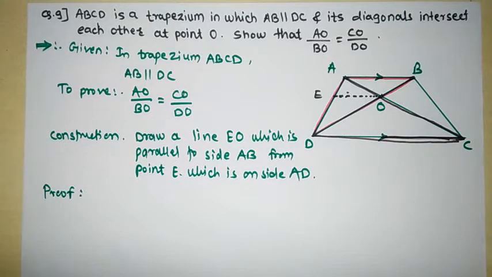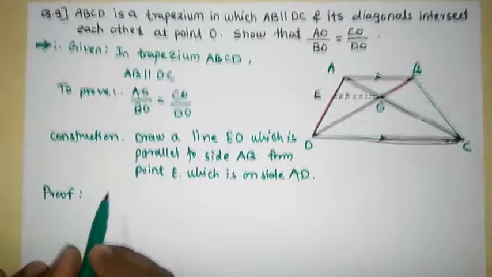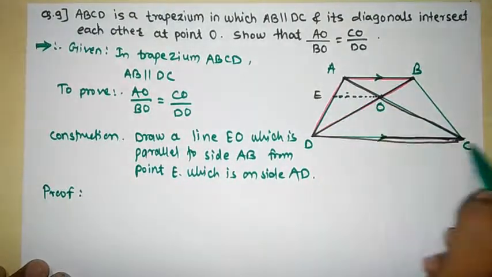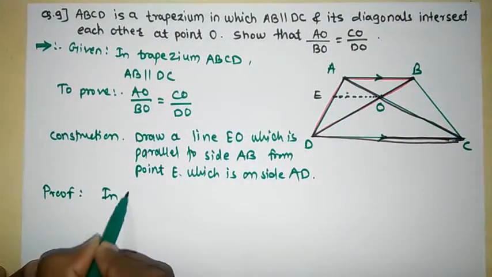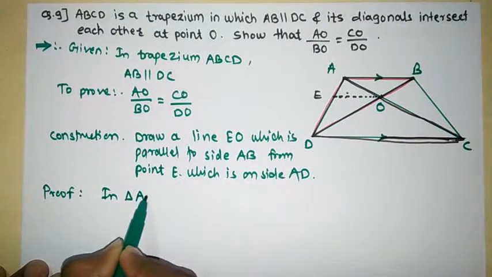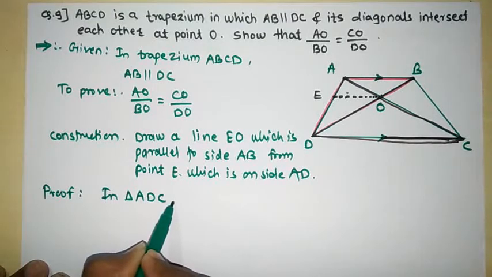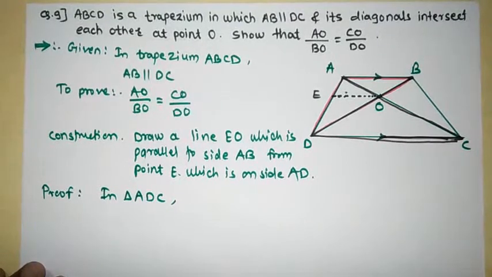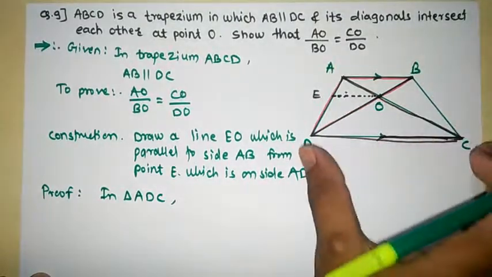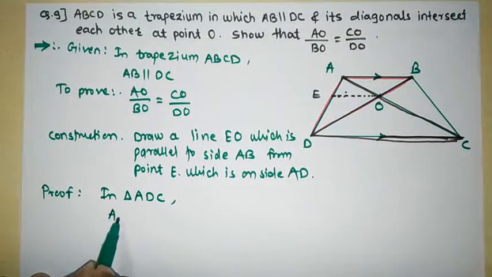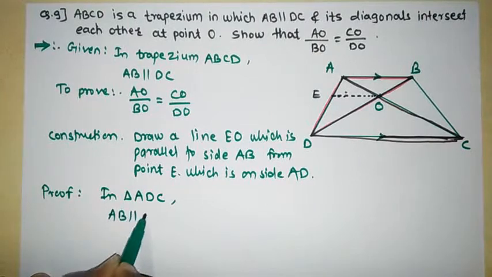See how to prove this. First, I will consider triangle ADC. In triangle ADC, first, AB is parallel to DC.